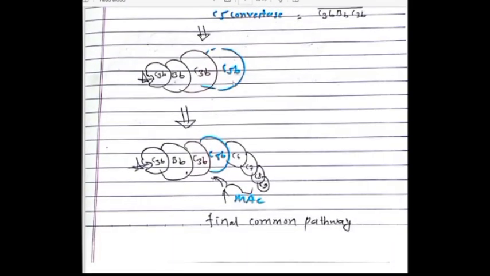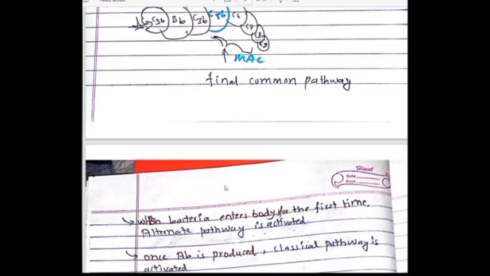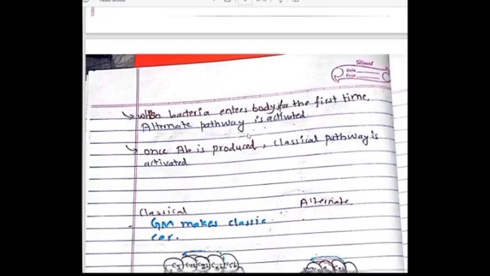Now this causes binding of C5B. These activate C6, C7, C8 and C9. This final component, C5B, C6, C7, C8 and C9, which forms the membrane attack complex, is the same in classical or alternate pathway, which is called the final common pathway.